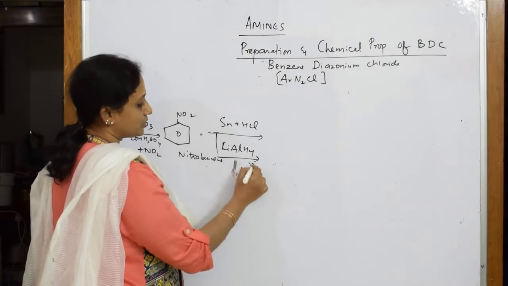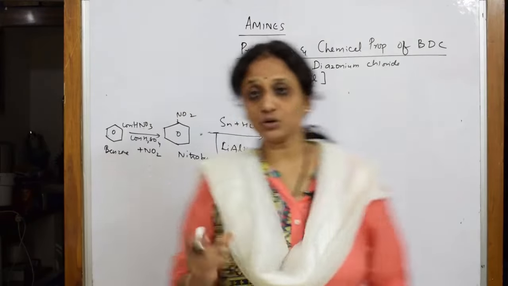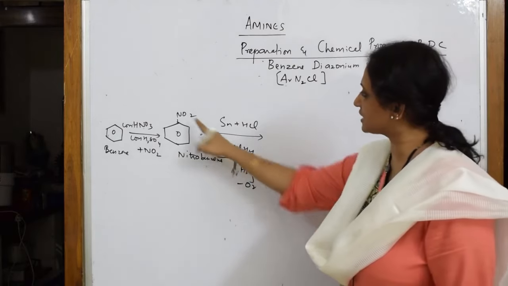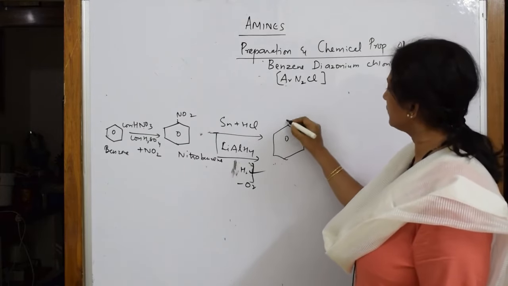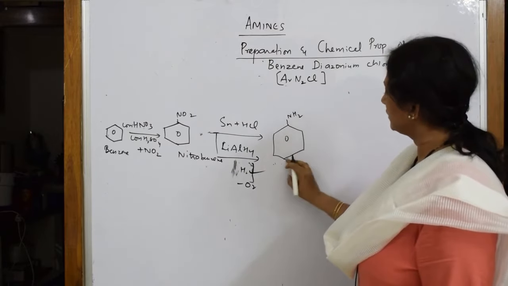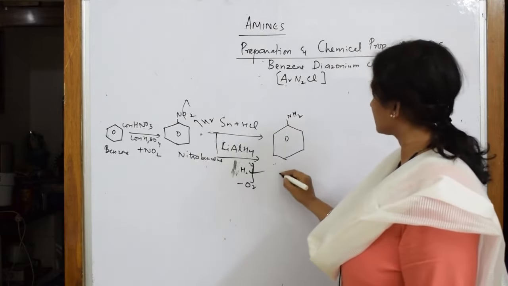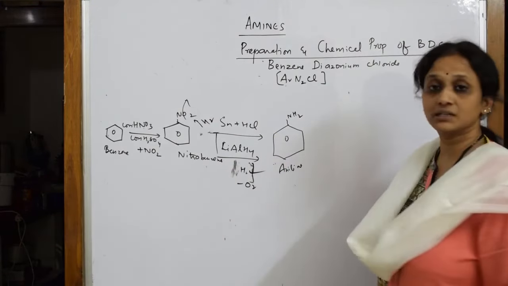They are going to add this hydrogen and remove oxygen from here. Then what do I get? I am going to get a compound because hydrogen is added and oxygen is removed. From nitrobenzene, I am going to get aniline. Why? This is lost and hydrogen is added. This is called aniline.